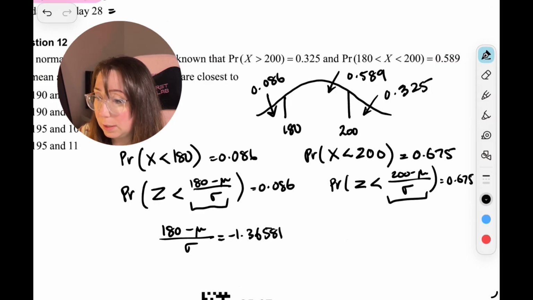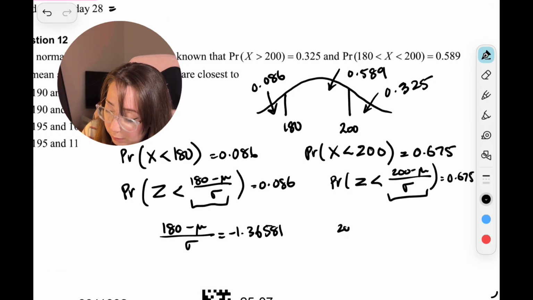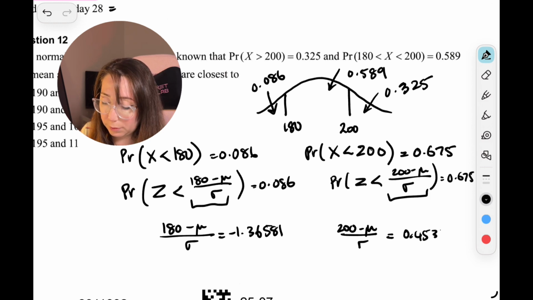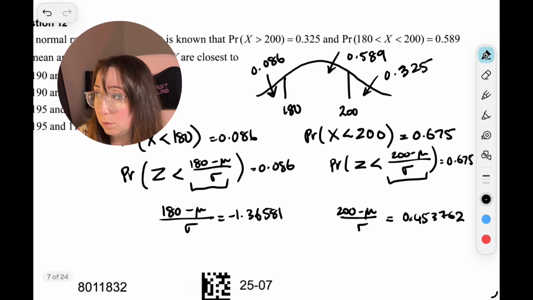That's fine. And then we'll do it again for the second area. This time the area is 0.675. So that's 200 minus mean over standard deviation, 0.453762. Awesome. Now I have two equations. I just need to solve these simultaneously. So we'll go to solve. 180 minus m on s equals that area, negative 1.36581.